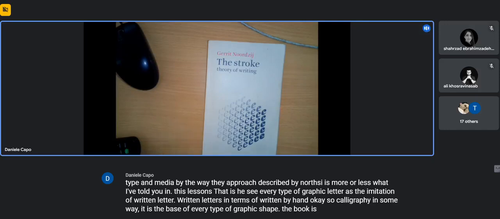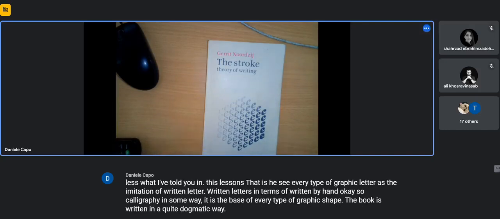The book is written in a quite dogmatic way, and this is probably the worst part of the book.